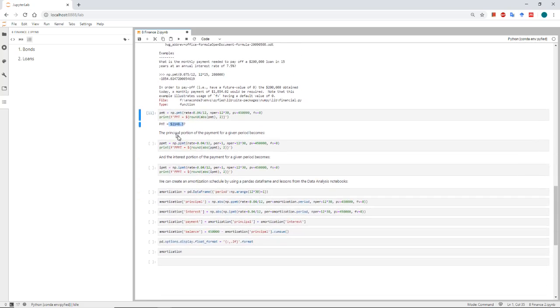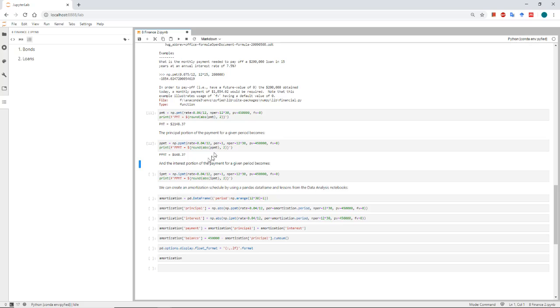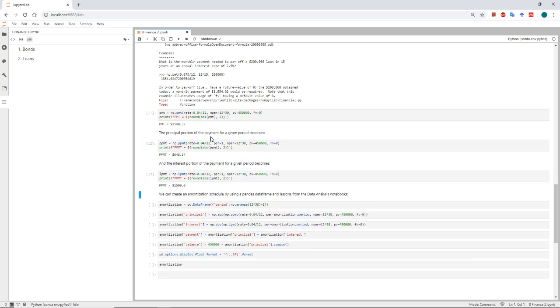So if we want to figure out the principal portion of that payment, we're using the principal payment function from NumPy. Pass in the same arguments to the parameters, and you get $648 for the first period. And then what is the interest portion of that same payment? $1,500.